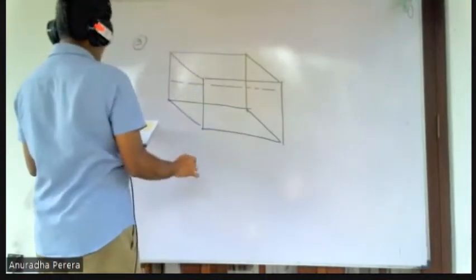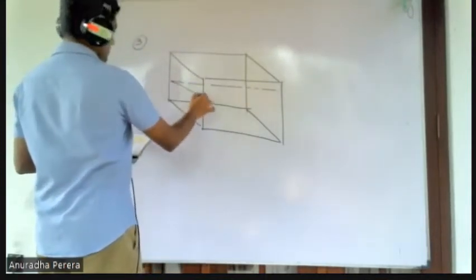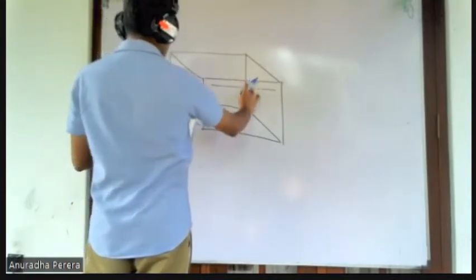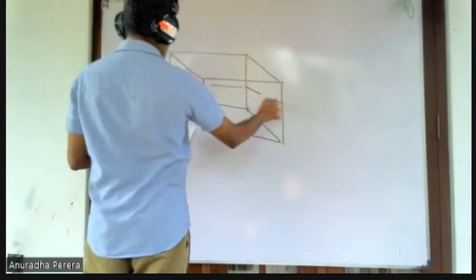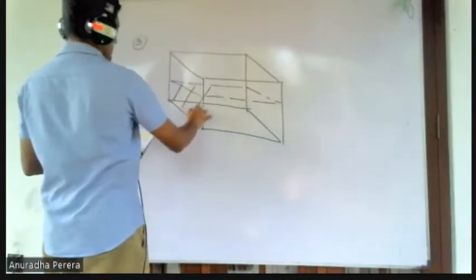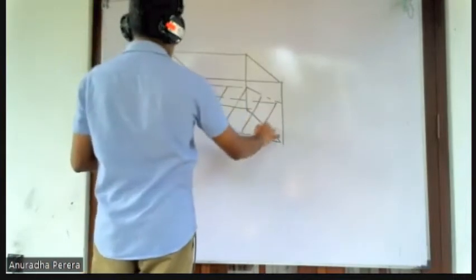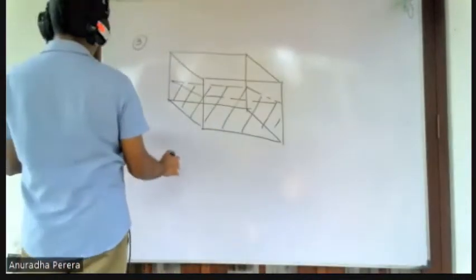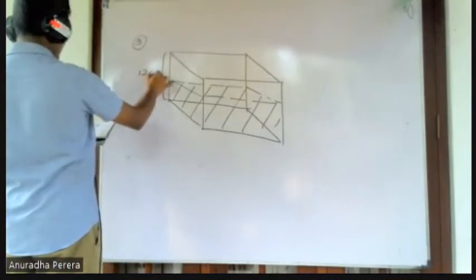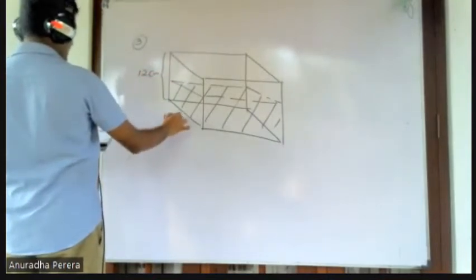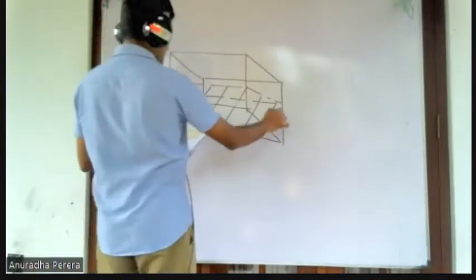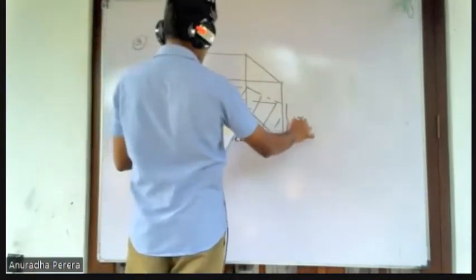The dimensions are given: height 12 cm, 10 cm, 30 cm. The height of the water is 7 cm.